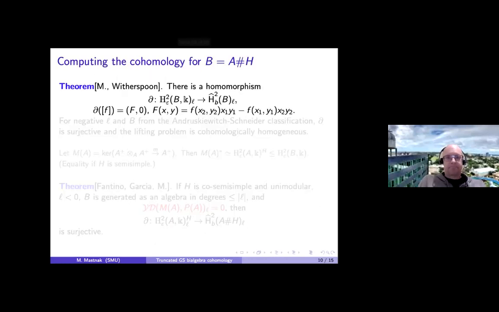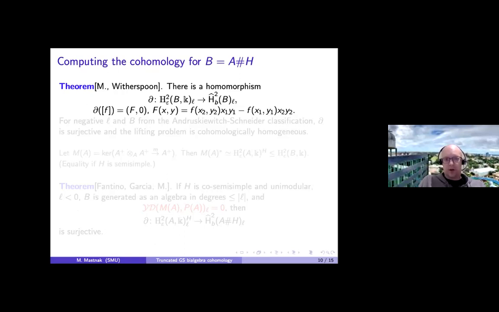So okay, how about some ideas of how to compute, say, this H2? Well, because of the truncating of this double complex before you take the total, you get a short exact sequence of double complexes, which leads to a long exact sequence in cohomologies.